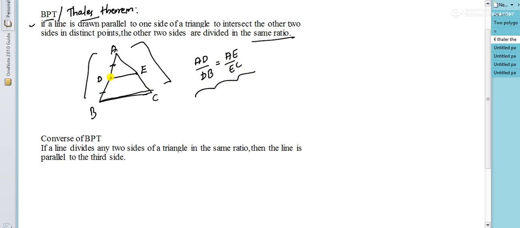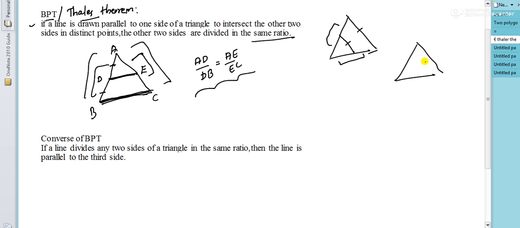So this is the BPT. This line was parallel to BC, so the rest of the two sides will be divided in the same ratio. Remember, if the line was parallel to this side, it means these two sides will be divided in the same ratio. Similarly, if it was parallel to that side, then those two sides will be proportional to each other.